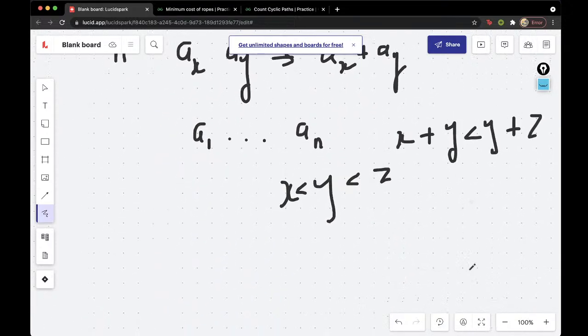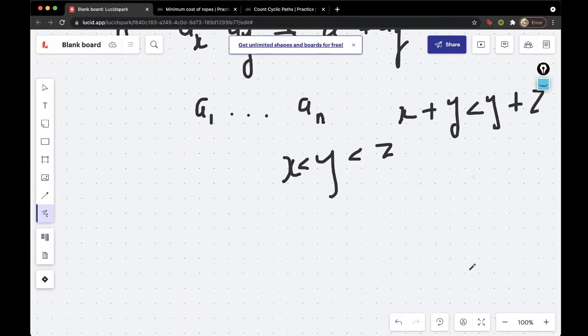Now that we've reduced the problem, you can greedily pick the minimum at each step. What I mean by this is, now you have n ropes with a1 to an. Suppose a1 and a2 were the minimum two lengths. In the next step, after combining these both, you will have a1 plus a2, and the rest till an.